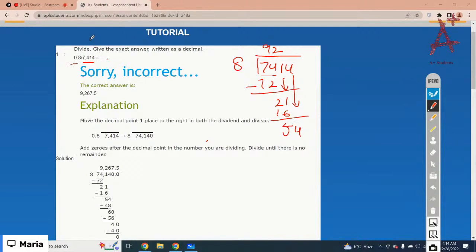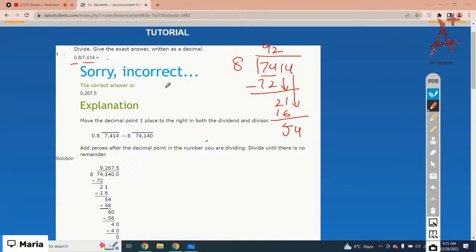So first of all, the first thing we did is we removed the decimal point. Got it? You have just one decimal place right after the decimal. When you are dividing by a decimal divisor, you have to move the decimal point one place right.